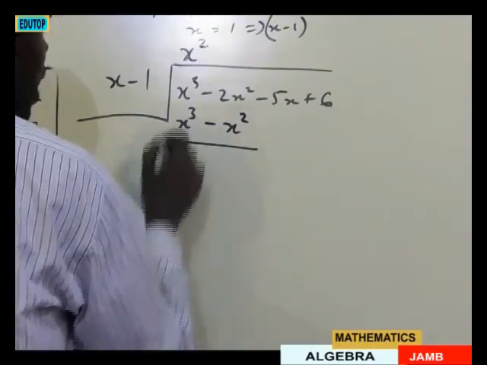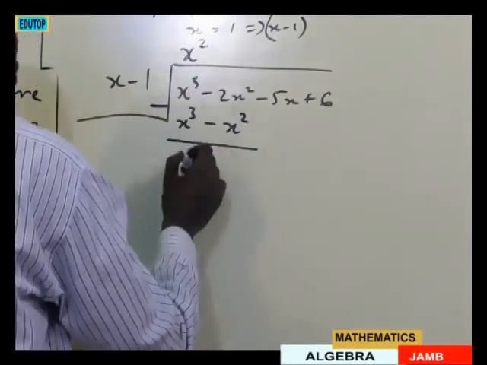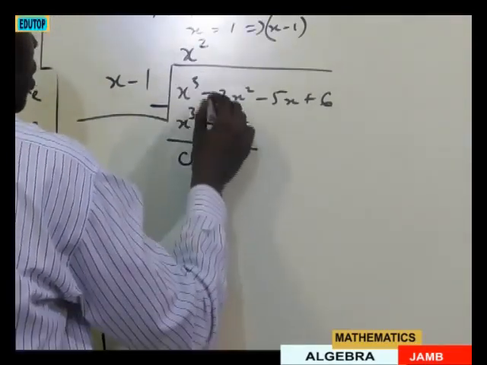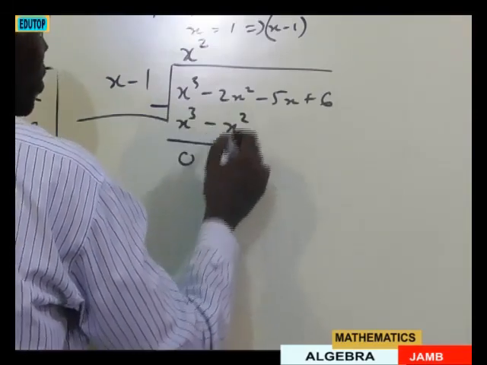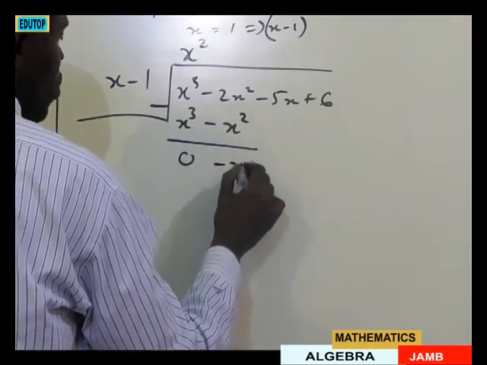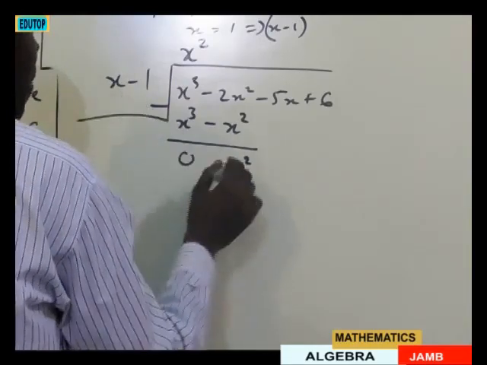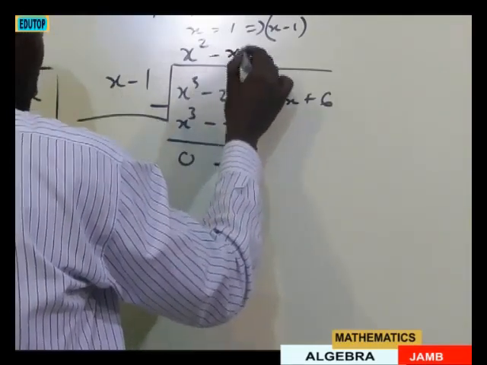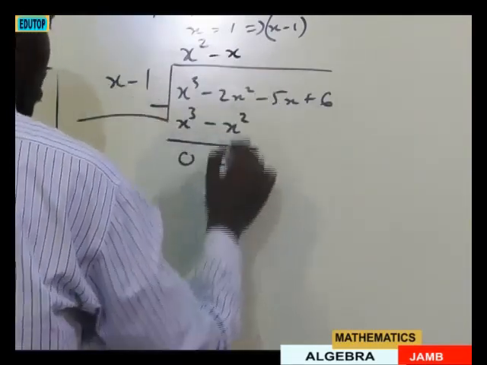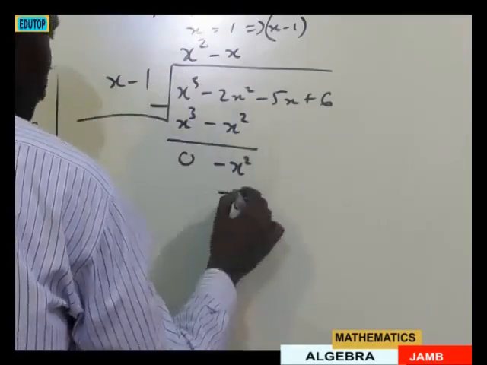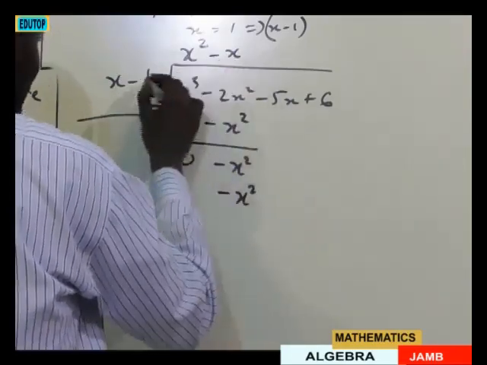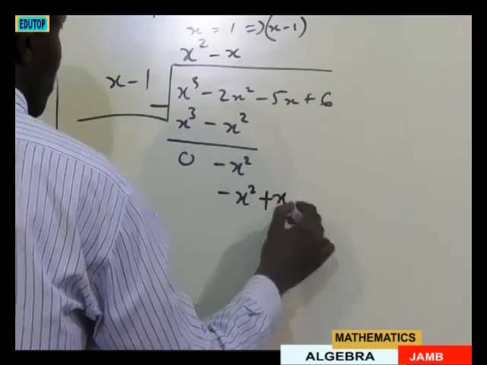Then we line up and subtract. This minus this is 0. This minus this will give us minus x squared. Then minus x squared divided by x gives minus x. Minus x times this, minus x squared. Minus x times this, plus x.